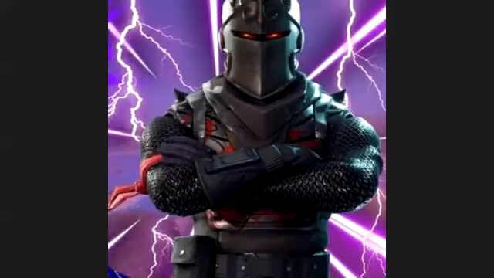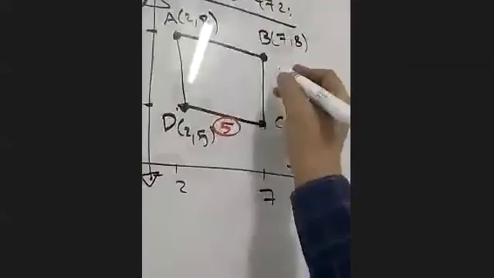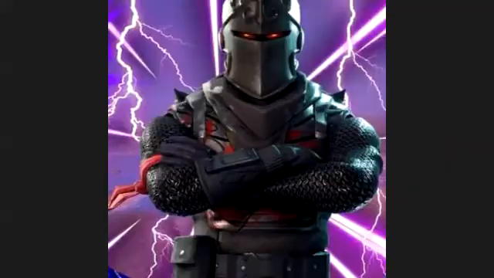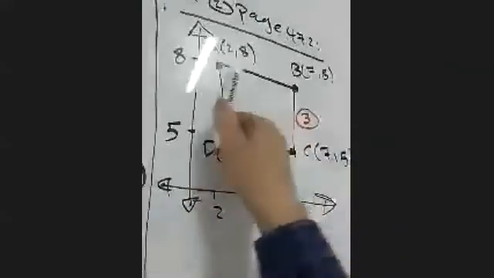Here we will cross 7 by 7. 8 minus 5 is 3. This one here, up.